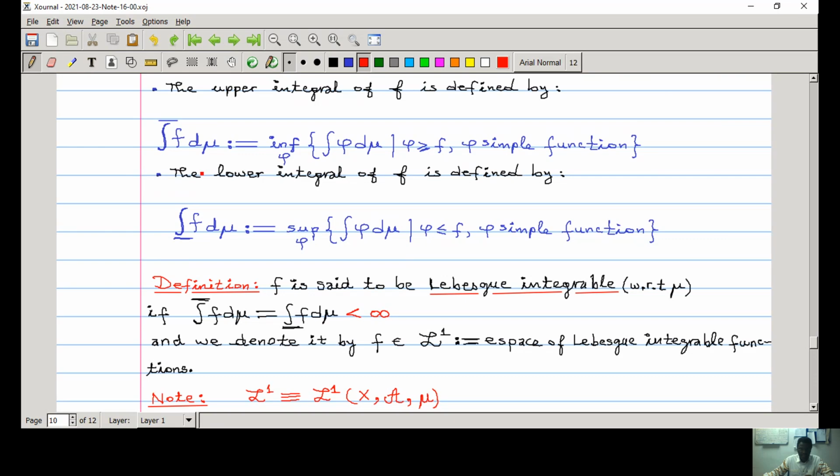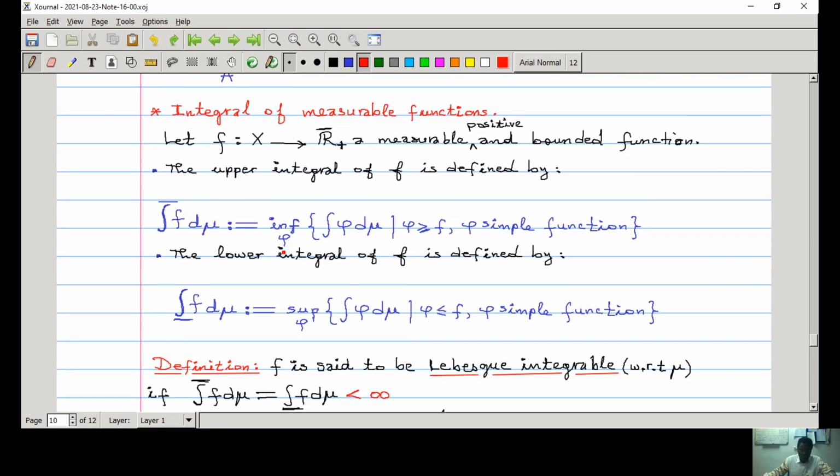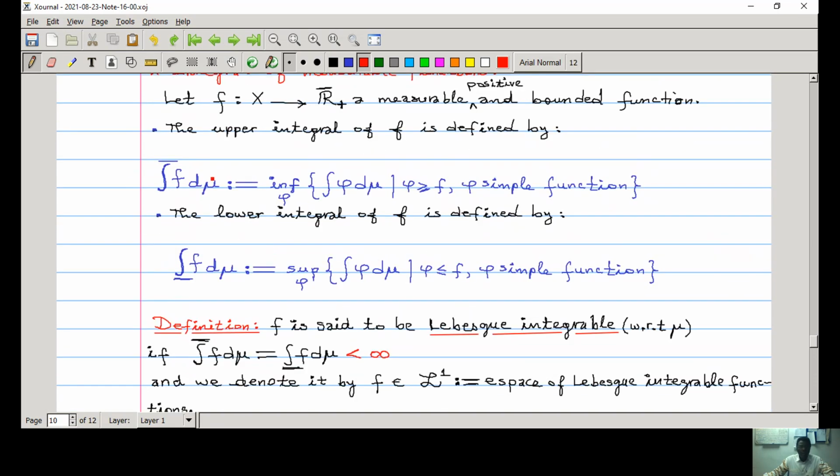It's the same thing that we will do for the lower limit. We take the supremum. Obviously, in practical application, you can see that it will be difficult to use this one.